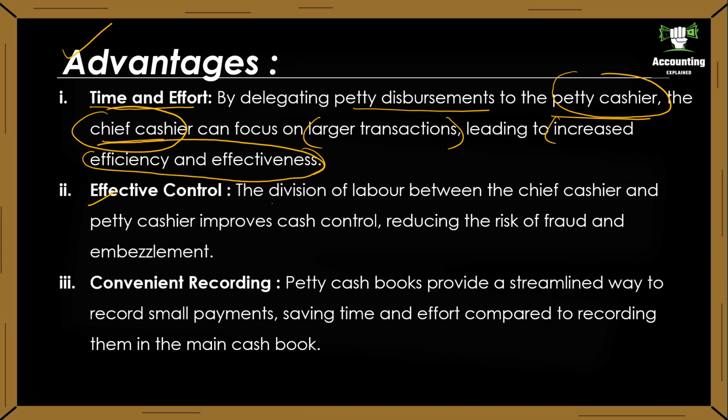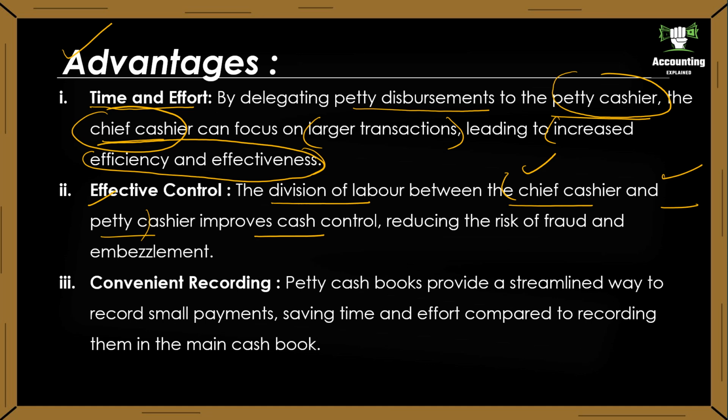Effective control. The division of labor between the chief cashier and the petty cashier improves cash control. So now the work is divided between the chief cashier and the petty cashier. The chief cashier looks into the transactions of high value, whereas the petty cashier takes care of the transactions which are routine in nature.